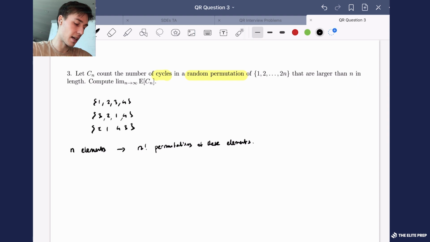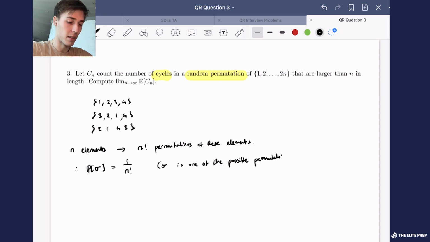So that means that a specific permutation, sigma, will have probability of 1 over n factorial if sigma is one of the possible permutations of n elements.